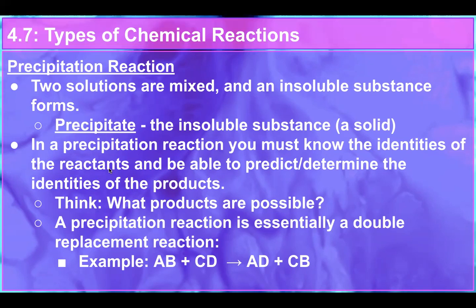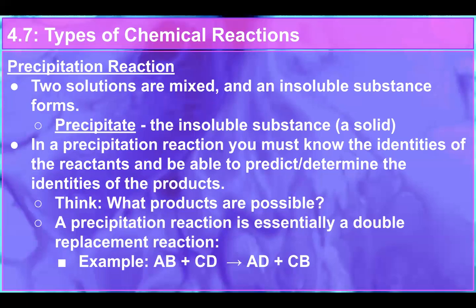In analyzing a precipitation reaction, we need to really know what the reactants are, so what we have in each of the two solutions. And in knowing that, we'll then be able to predict what the products would be. Okay, so what products are possible? We're going to need to keep in mind that positive is going to go with negative. All right, we would not form a solid that would be positive positive or negative negative.